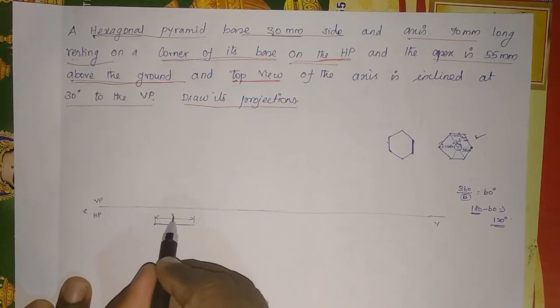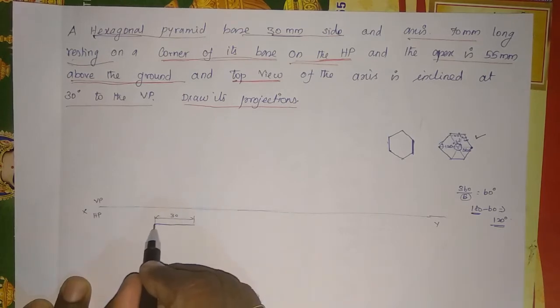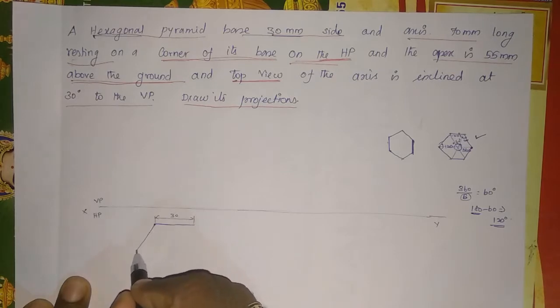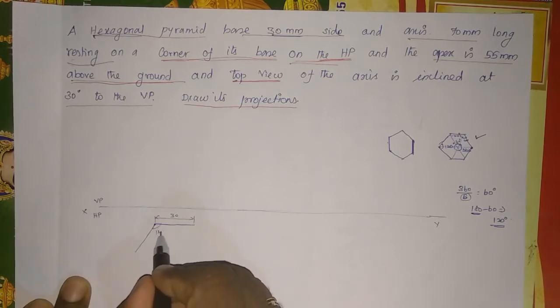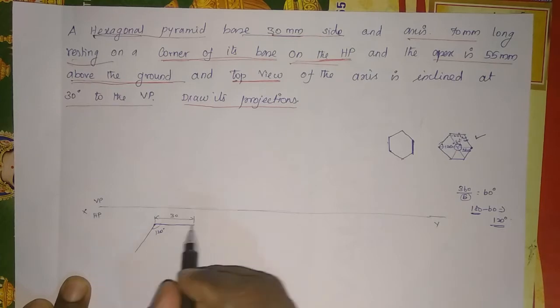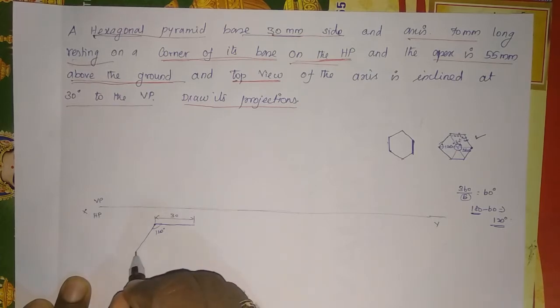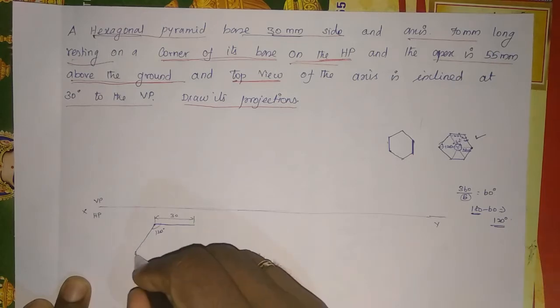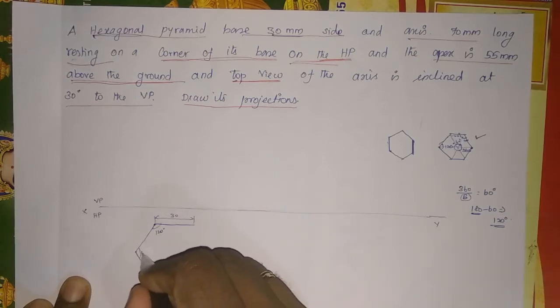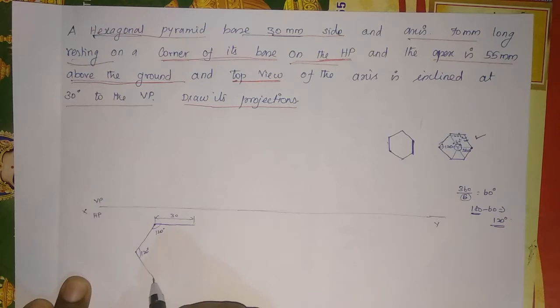So this one is 30. From this I am going to draw a 120 degree line. This is also of the same length. From this I am going to draw another 120 degrees. From this another 120 degrees.